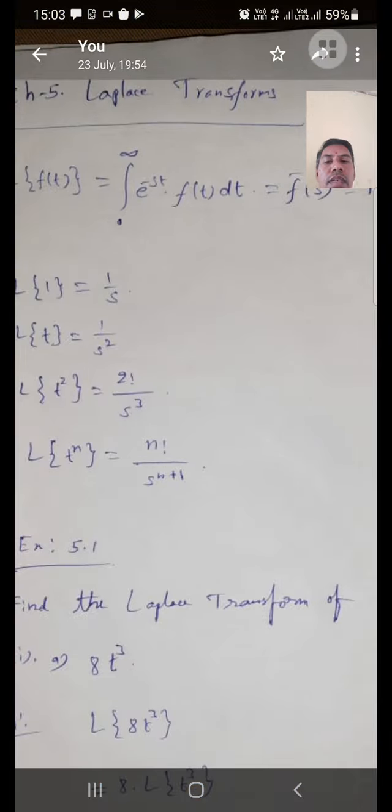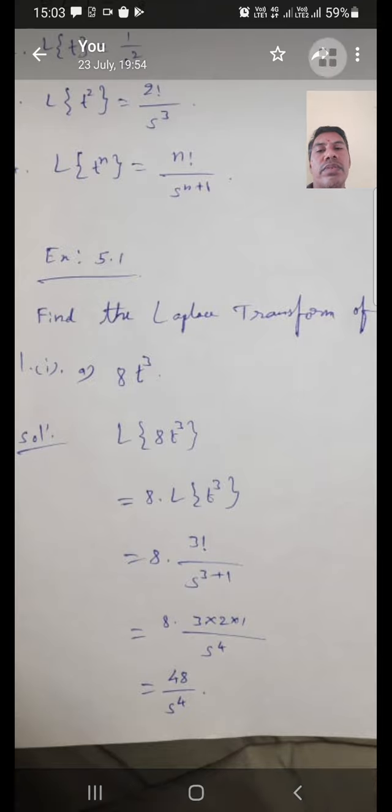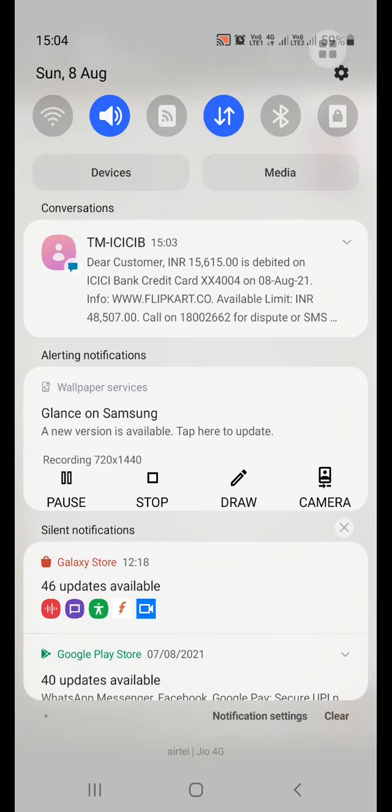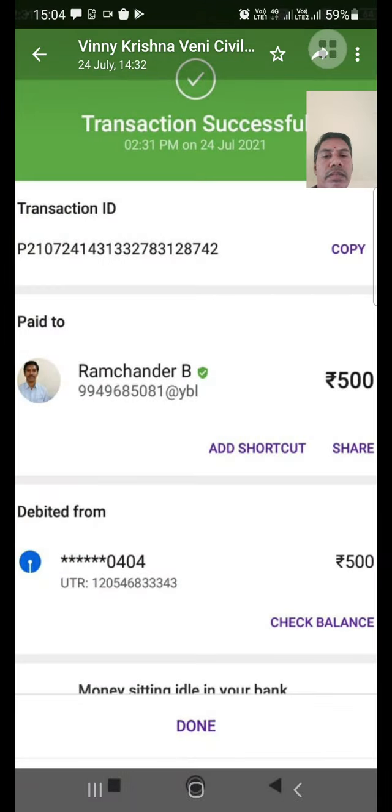So here t power 3 is 3 factorial by s power 3 plus 1. So finally we got 48 by s power 4. Next we will see another problem.